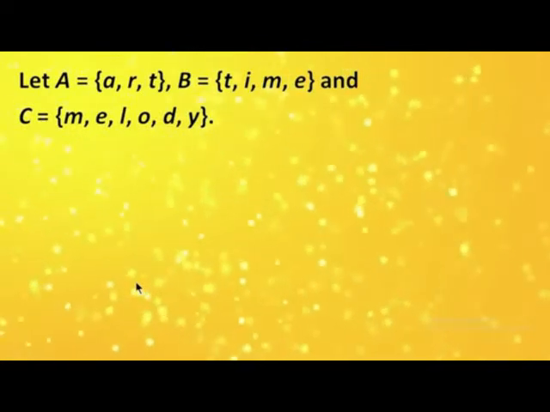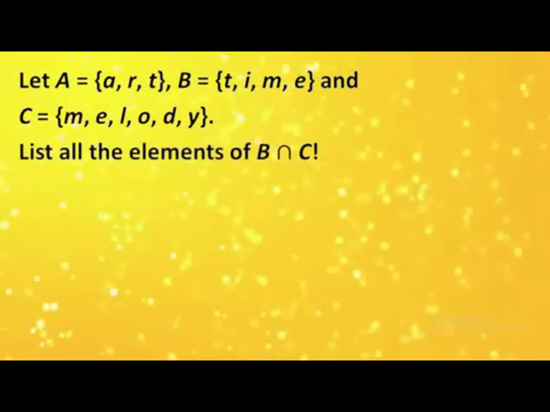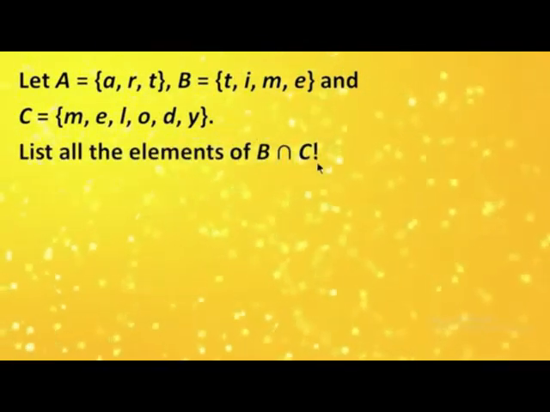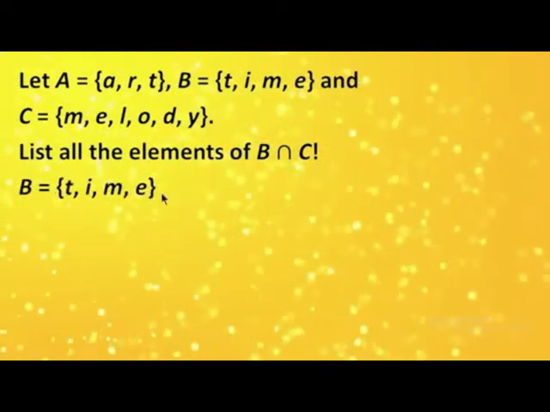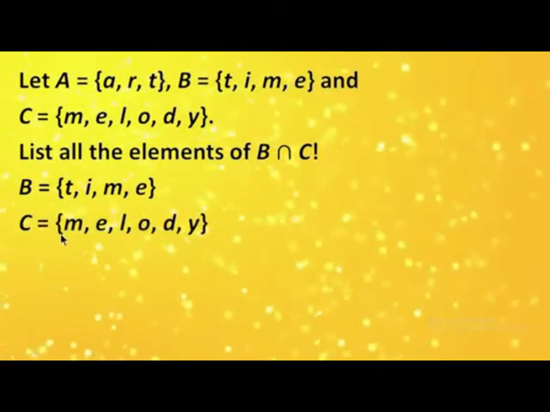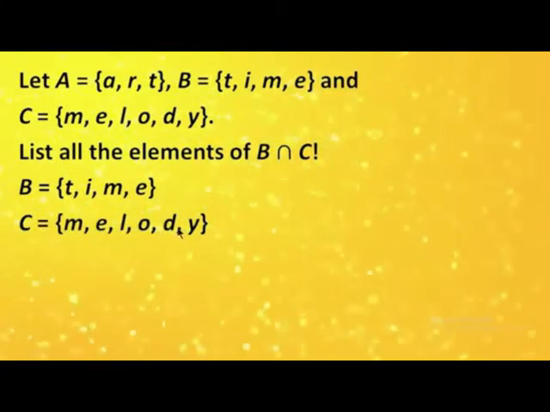Next example. List all the elements of B intersection C. This is the elements of B, TIME, and this is the elements of C, MELODY.